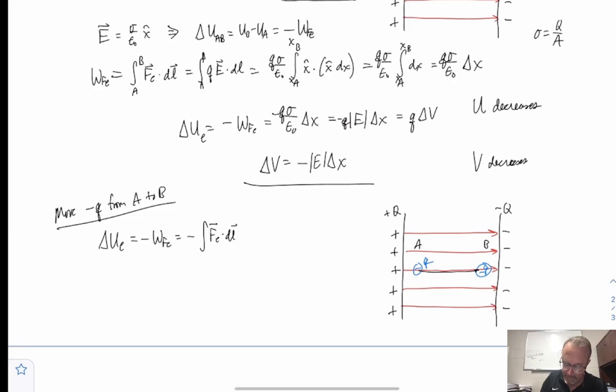Now the Fe, the electric force, is the same as it was before, which is Q times E dot dl.